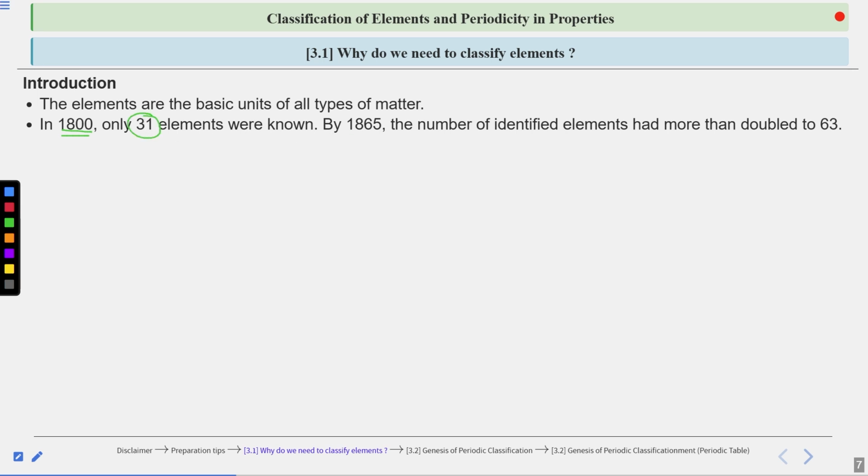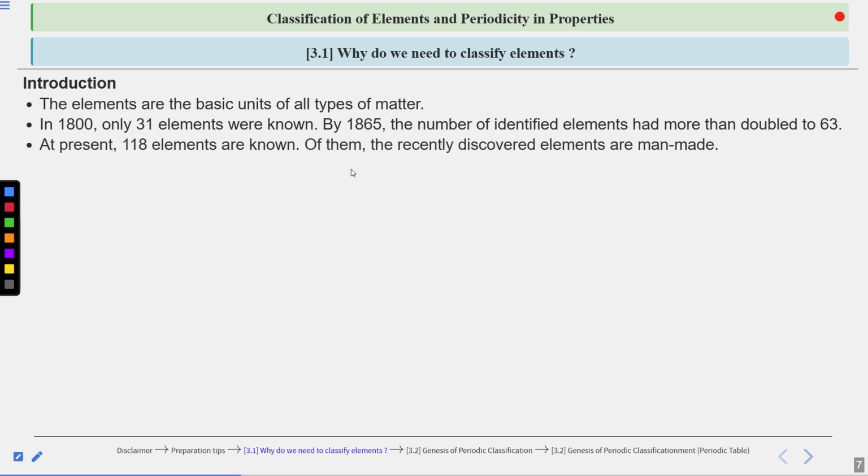Then by 1865, just after 65 years, this count doubled. Now, 63 elements were identified till 1865. But in the present situation, there are 118 elements which are known.